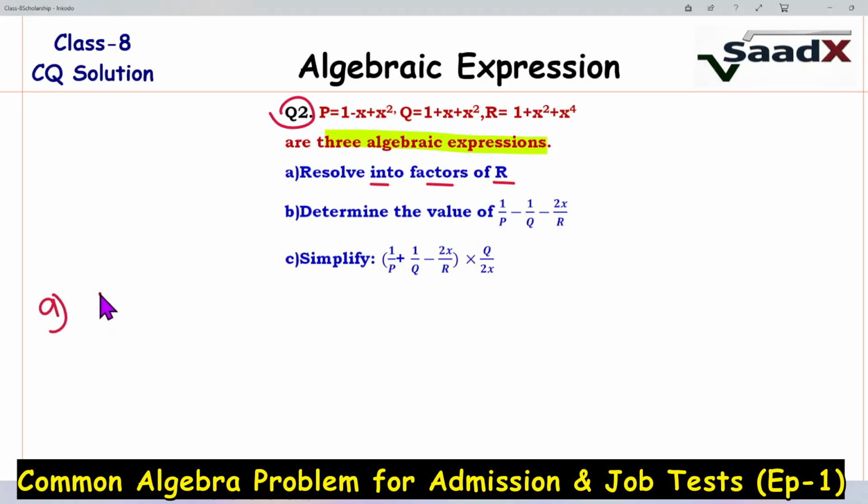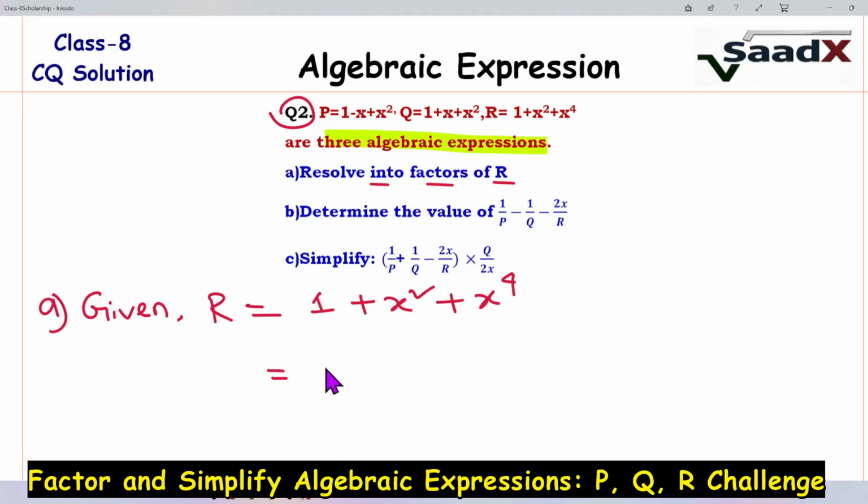Number A, given R equals 1 plus x square plus x to the power 4. This one, let's say here is 1 square, we can write, plus x square.